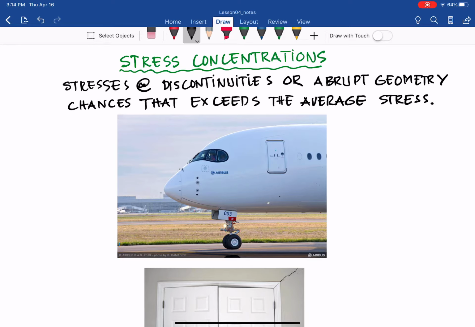So for example, when we do the centric axial loaded member, the average stress is P over A, if you recall that, and that's the average stress. But in this case, because of the discontinuity, the stress tends to concentrate on those discontinuities or the change in geometry, that makes the stress at that location exceed the average stress that we have.